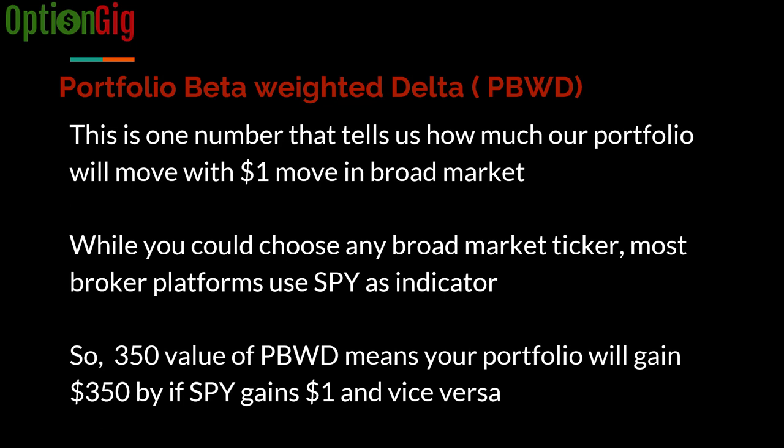But once you combine and look at all your holdings, if you were to consider all the holdings as a SPY holding, that value is your portfolio beta weighted delta. So in this case, 350 portfolio beta weighted delta means all the positions, stocks, and options eventually amount to 350 shares of SPY in your portfolio.